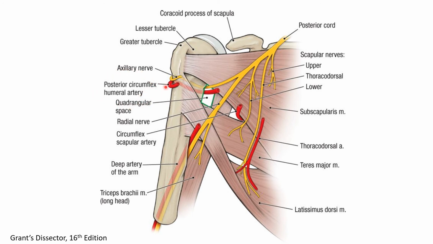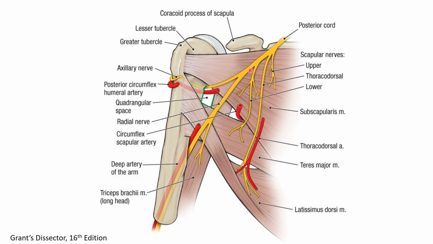So the posterior humeral circumflex artery you'll see pass through that quadrangular space along with the axillary nerve. Okay, so these two will always be seen together. Okay, so axillary nerve goes to the deltoid muscle and the teres minor muscle, and it will be seen with the posterior humeral circumflex artery.